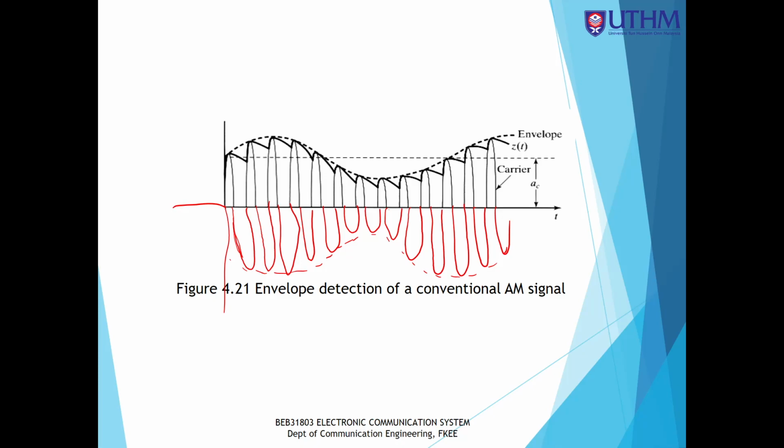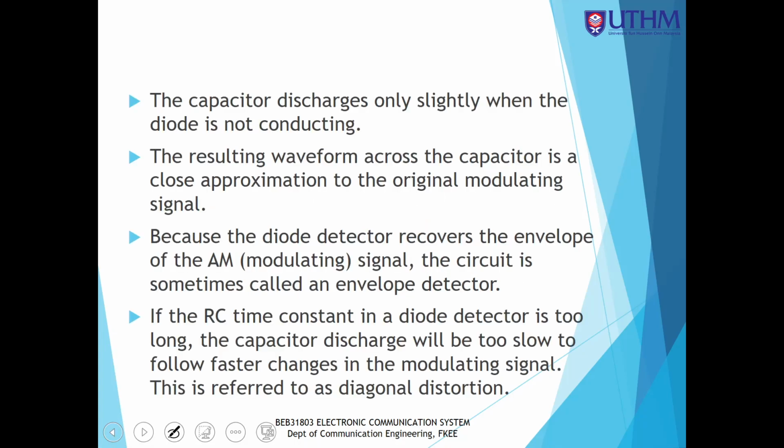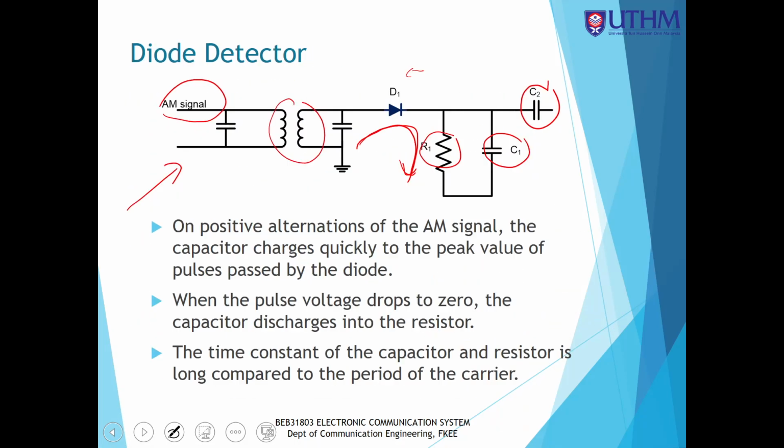What happens is that the diode prevents reverse bias. So before the diode the signal is like this, double sideband full carrier, and right after the diode, maybe I can put point A. Point A is double sideband full carrier, and then at point B, what happens?